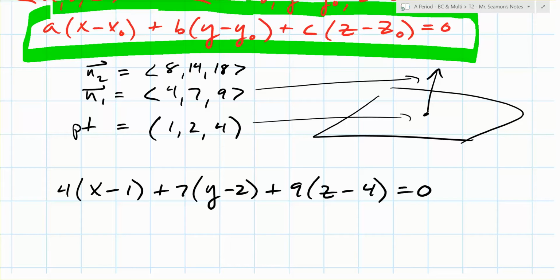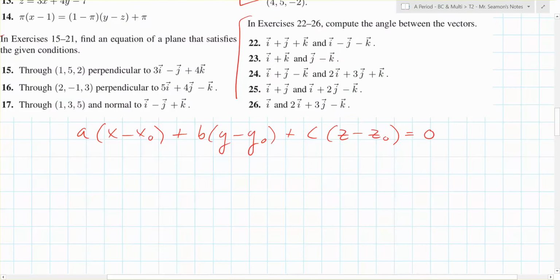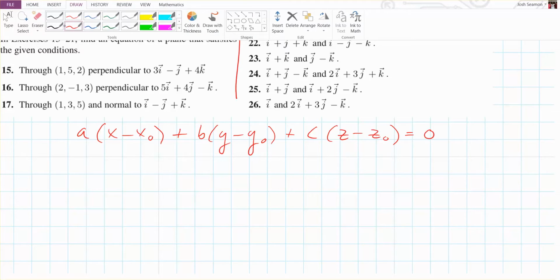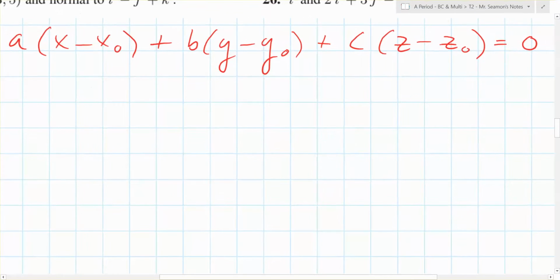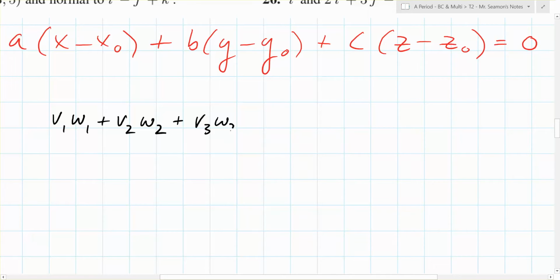You're going to practice some of these. What was that statement for dot product? What was that equality? There's an algebraic side to it, which is the left, and the geometric side. Do you remember what it was? V1W1 plus V2W2 plus V3W3 equals the magnitude of V times the magnitude of W times cosine theta.